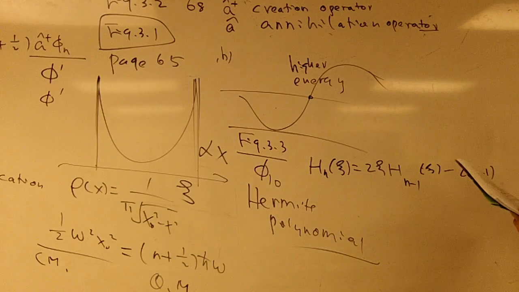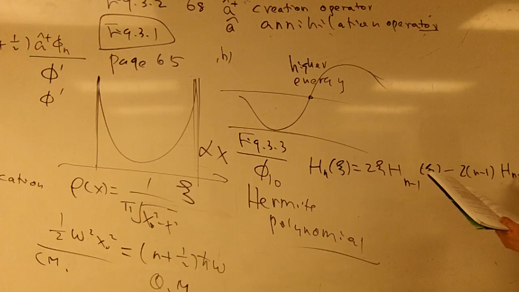The main reason I want to write this down is that when I try to use equation 3.2.17, there are so many derivatives. If you take the derivative 10 times, your expression looks this long, 10 terms.